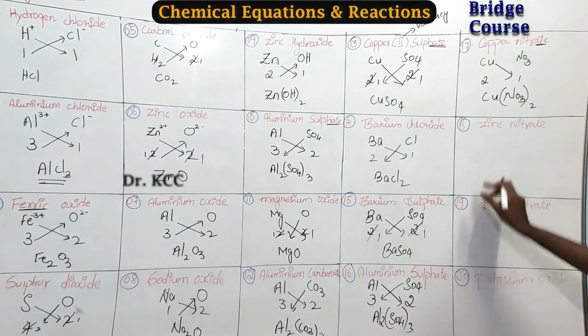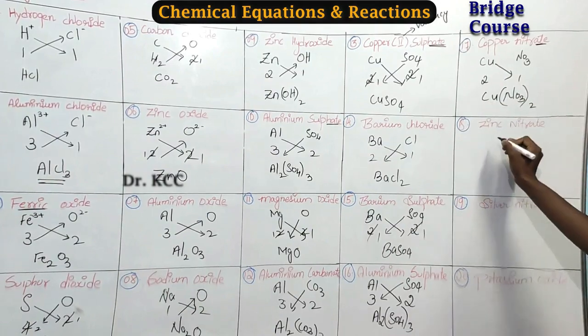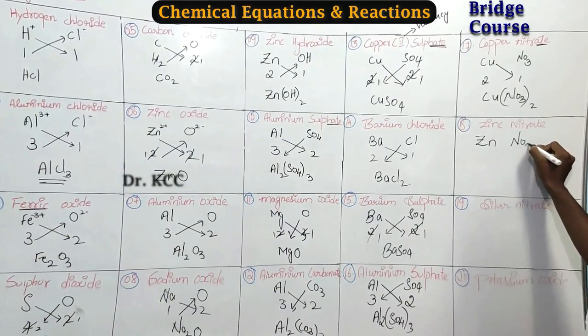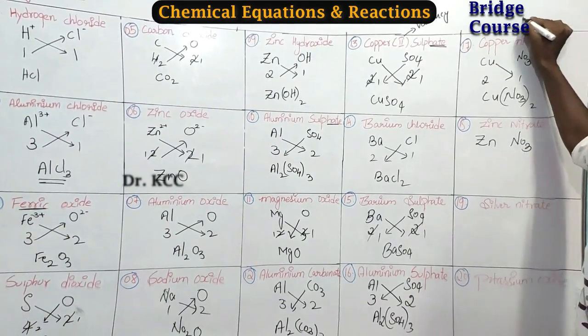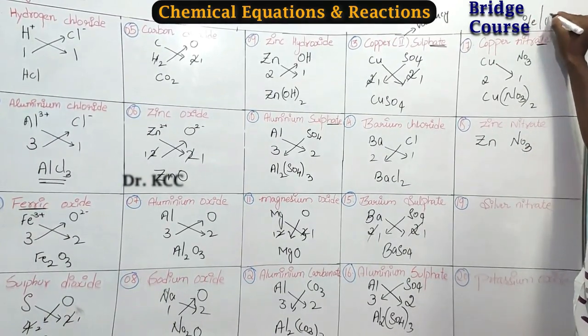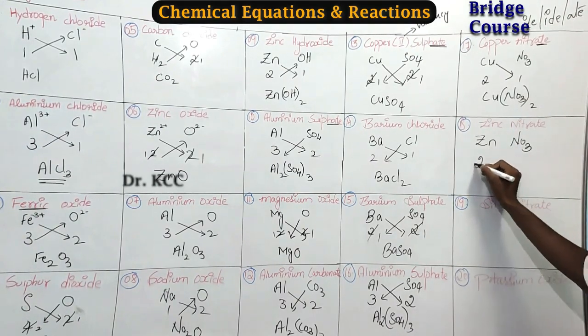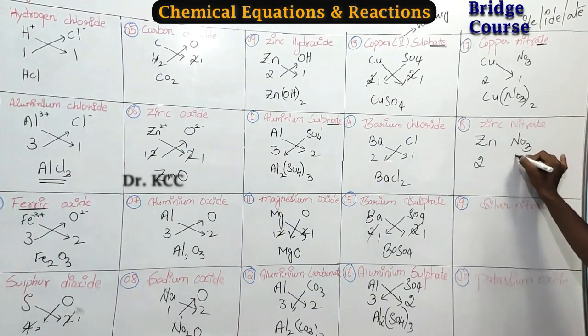Clear? So copper nitrate. Similarly zinc nitrate. Zinc, the nitrate symbol is NO3. You have to be very careful whether it is ITE, IDE or ATE.